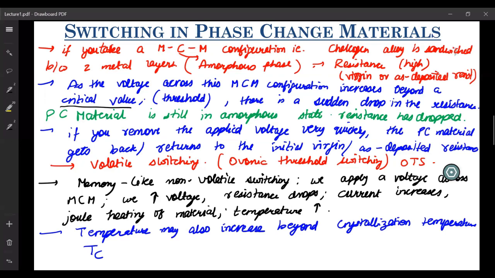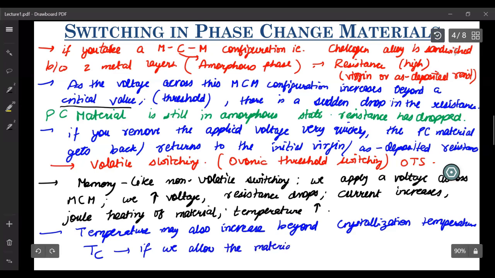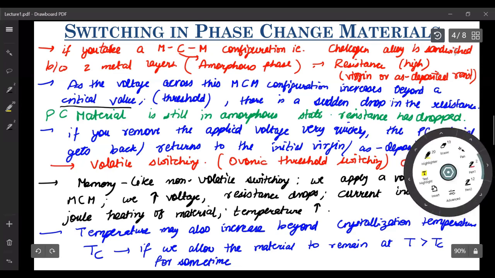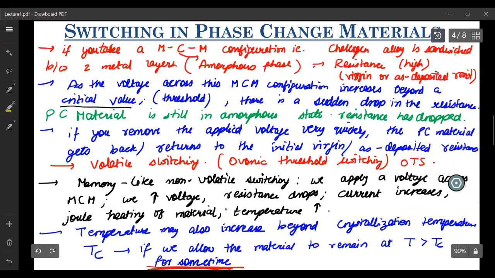If you heat an amorphous material beyond this crystallization temperature and allow it to settle there for some time, let me just write that. So the temperature may increase beyond this crystallization temperature, and if we allow the material to remain at T greater than TC for some time. So this is very important. We need to leave it above this TC for some time. So it's not a very fast process.